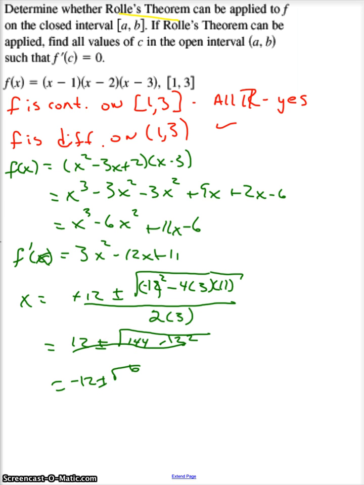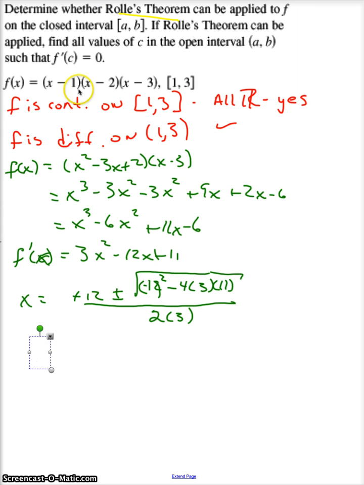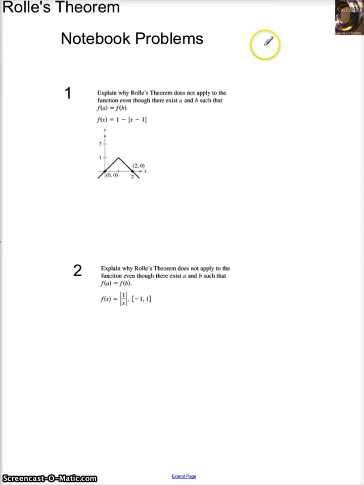Let me erase that. I don't like things messy. So this is 12 plus or minus the square root of 12 divided by 6. And that's good enough. Your turn. Stop the tape. Turn it back on when you're done.